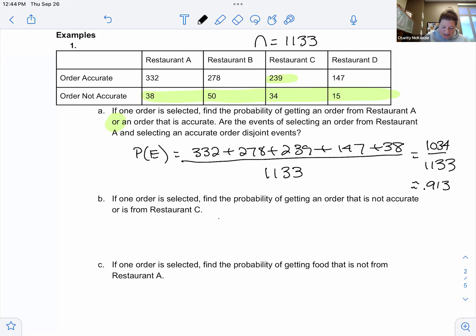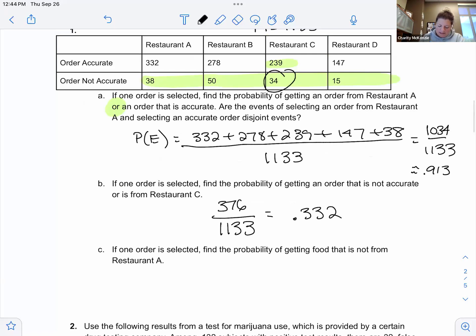I got 376, and I did not count that 34 twice, right? This number here, that is in both C and not accurate, I only added it the one time. Okay, so divide that by the total, and the probability is about 33.2%, or 0.332, or the fraction answer.